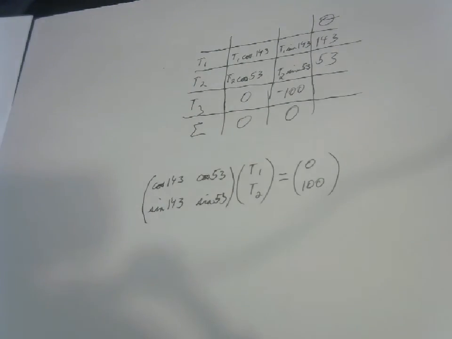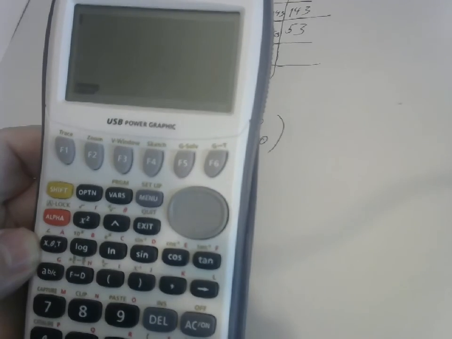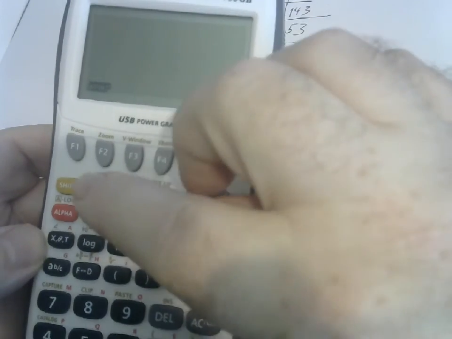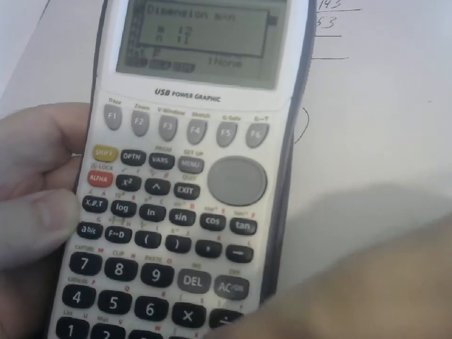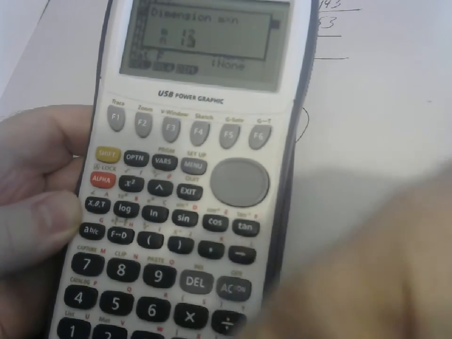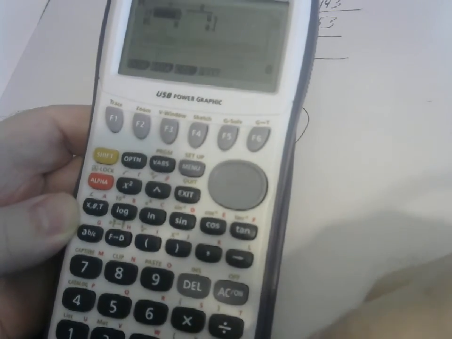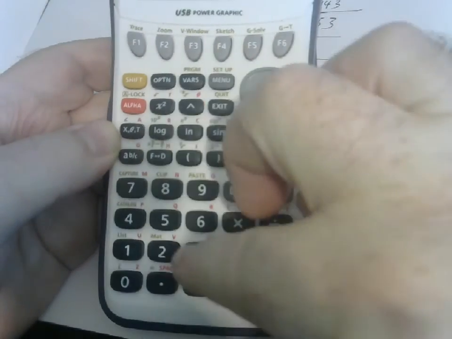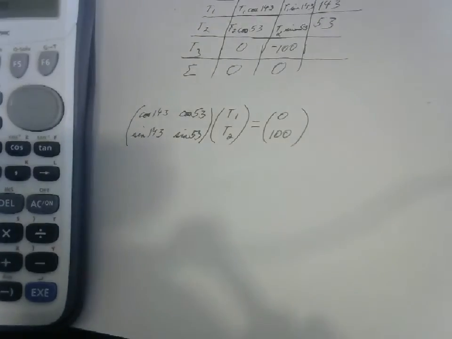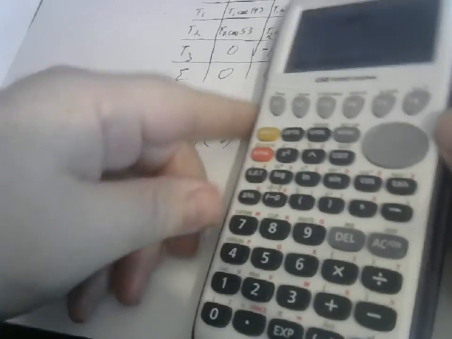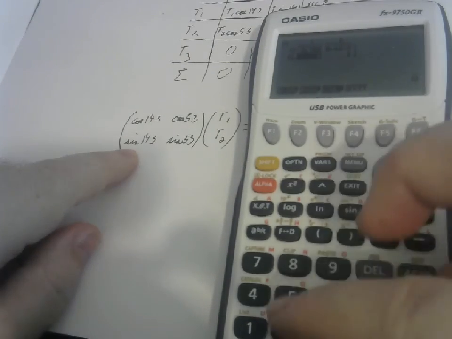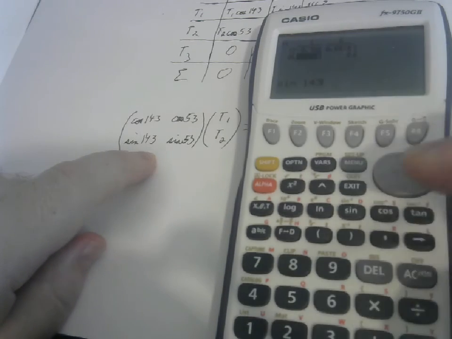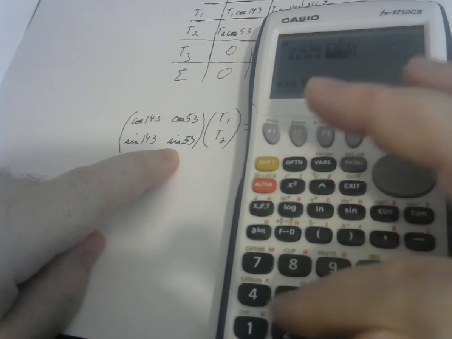So then from there, it's going to depend on your calculator. You make a matrix A, make it a 2 by 2, and then you can just enter cosine 143, cosine 53, sine 143, and sine 53.